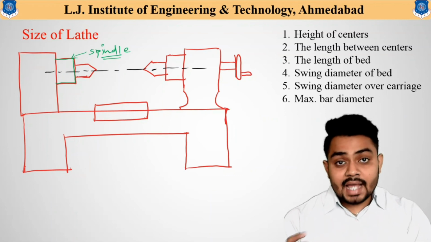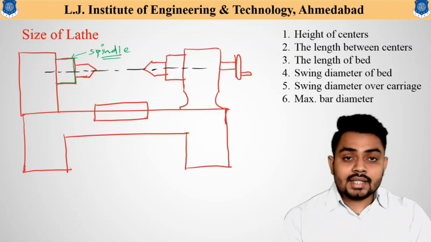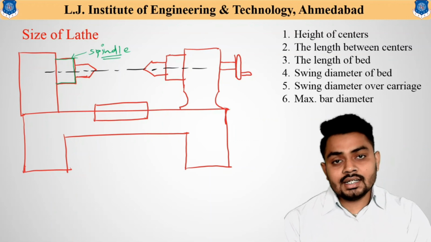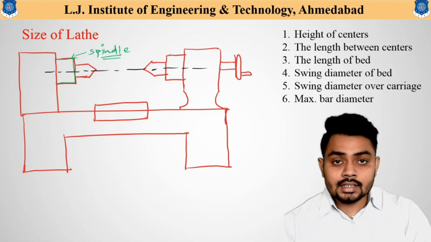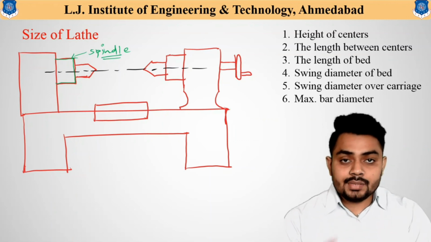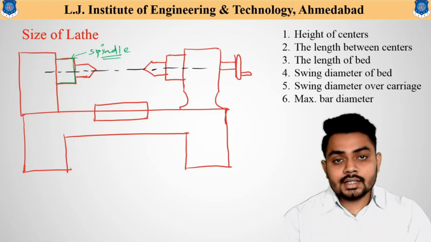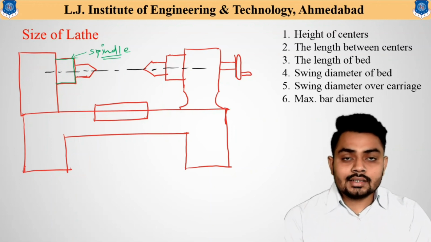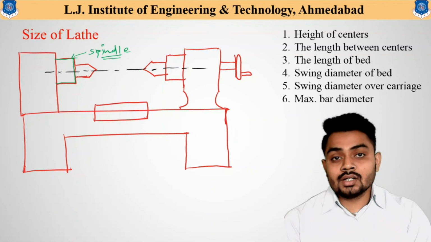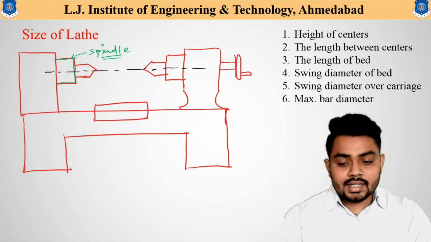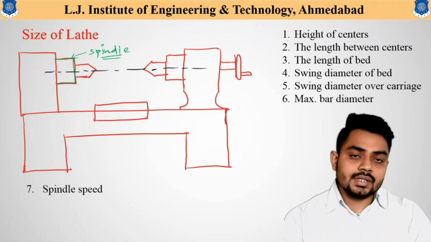So based on the diameter of the spindle, the maximum diameter of workpiece that can be adjusted we can understand from that particular area. So the internal diameter of the spindle helps us to understand the maximum bar diameter that can be adjusted in a particular lathe machine. Now the next one, that is the spindle speed.